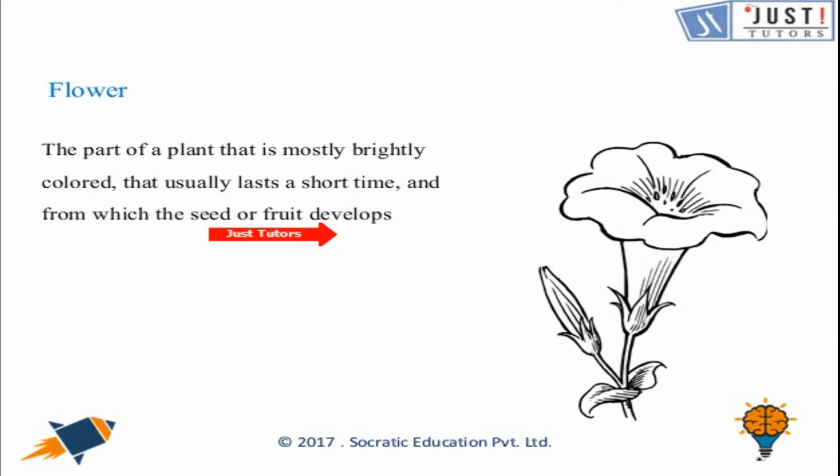So when you see a plant, the flower is colored, and flower lasts for a very short time, and from flower we get seed or fruit. Like if we talk about the mango tree, first we get flower in that tree, and then we get the fruit.